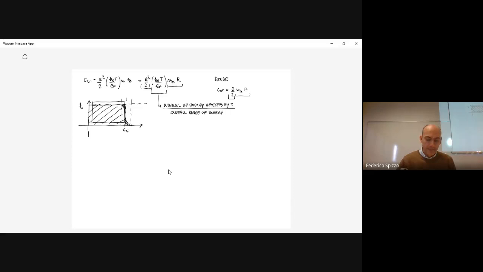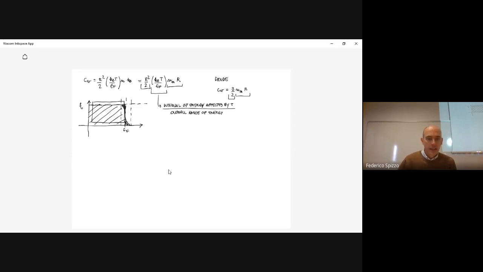So the idea is, for all the electrons whose energy ranges from 0 to EF minus kT, nothing changes because the occupancy of those levels is always equal to 1. Those levels do not contribute to the value of the specific heat because there's no energy variation for those levels.